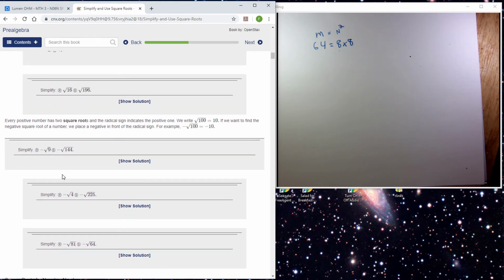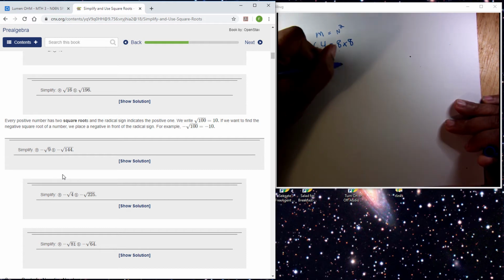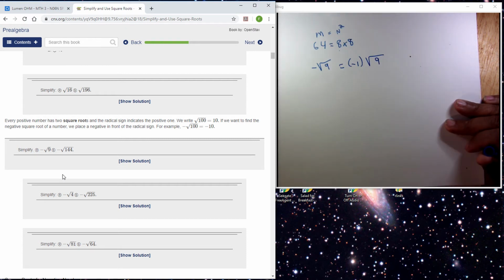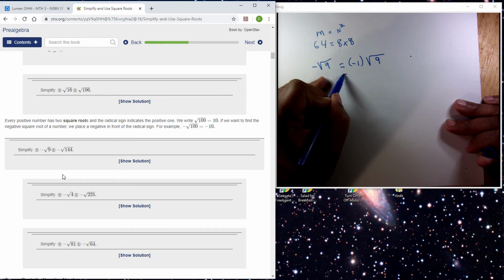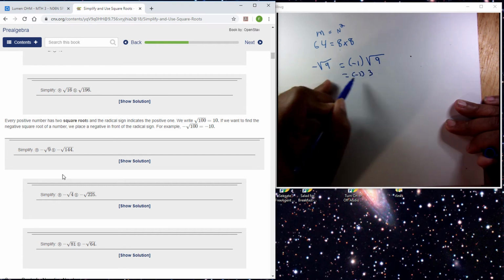In this case, we have a negative on the outside. What we really have is the same thing as negative 1 times the square root of 9. The square root of 9 is 3, so my result is going to be negative 3.